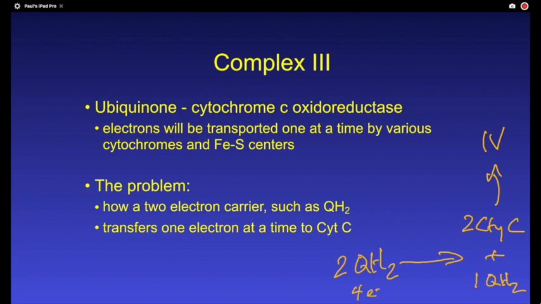4 electrons, 2 electrons, 1 in each, and 2 electrons. So 4 electrons come in, 2 get booted to the next step, and 1 comes back that can go back through. It's like driving through a traffic circle instead of coming to a 4-way stop.